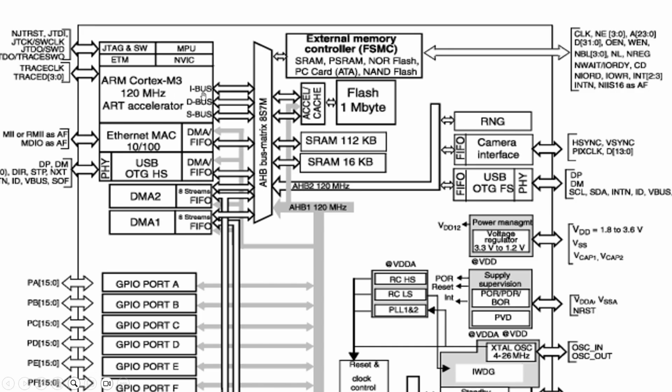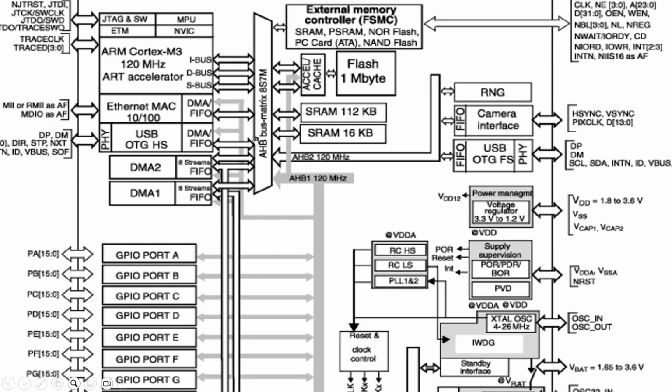So basically your microcontroller is communicating with these peripherals with the help of the AHB bus matrix. This thing you understood? Yes, sir. So the AHB bus is getting divided into two parts: the AHB1 bus and the AHB2 bus.